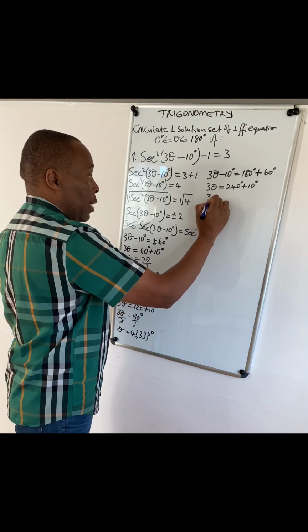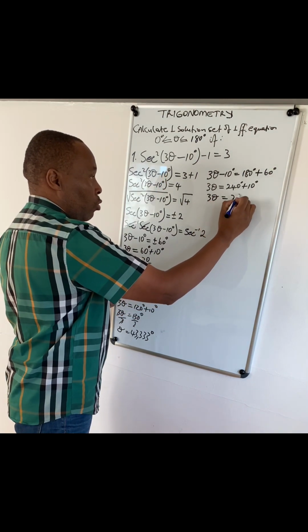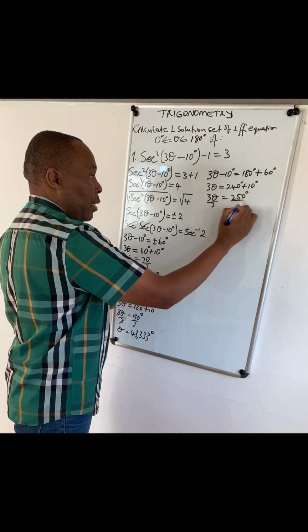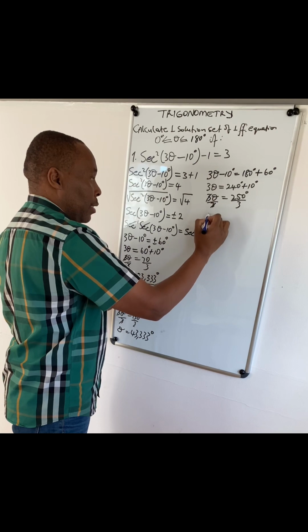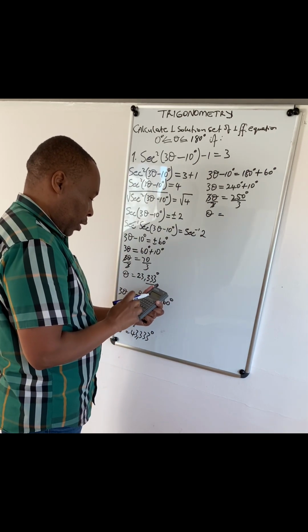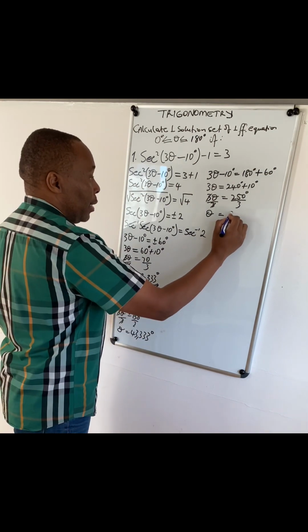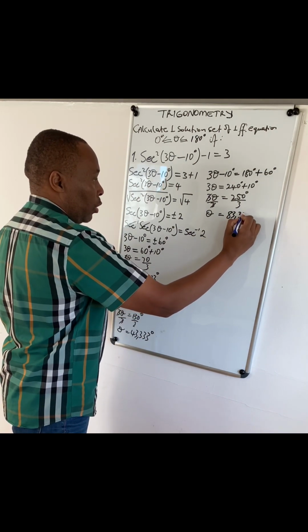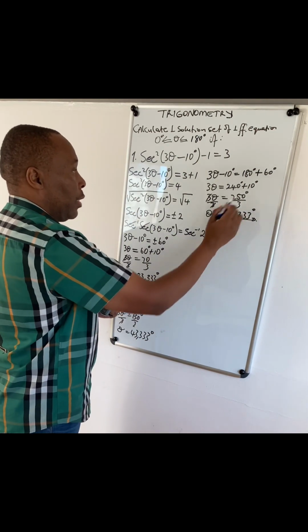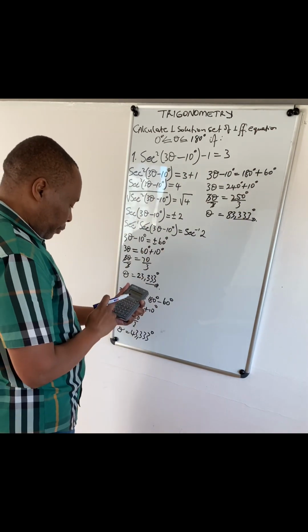So 3 theta is equal to 250 degrees. We divide by 3, divide by 3, it cancels. Theta is equal to 250 divided by 3. We get 83.333 degrees. This is the third one, in the third quadrant.